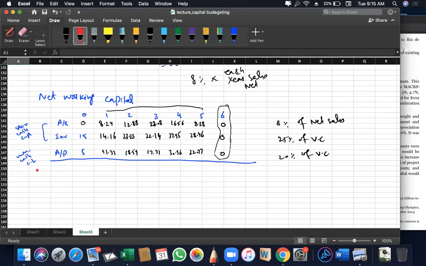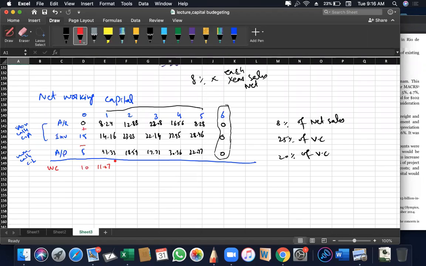So for the first year, working capital is 15 minus 5, which is 10. For the next years, add the asset values and then subtract the liability. So 8.24 plus 14.16 minus 11.33, it is 11.07.